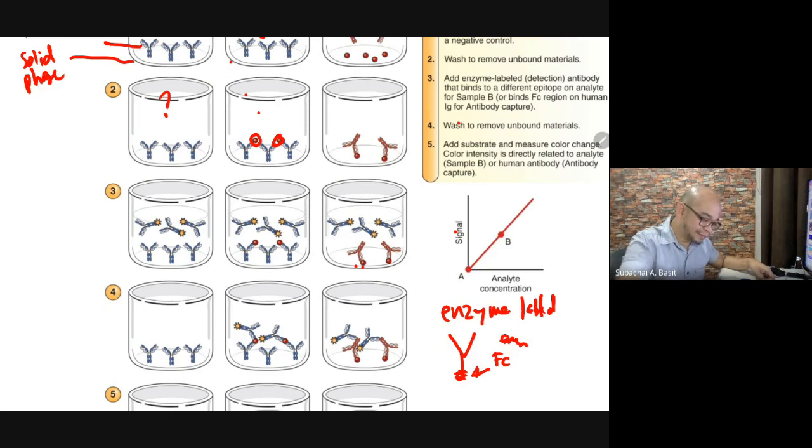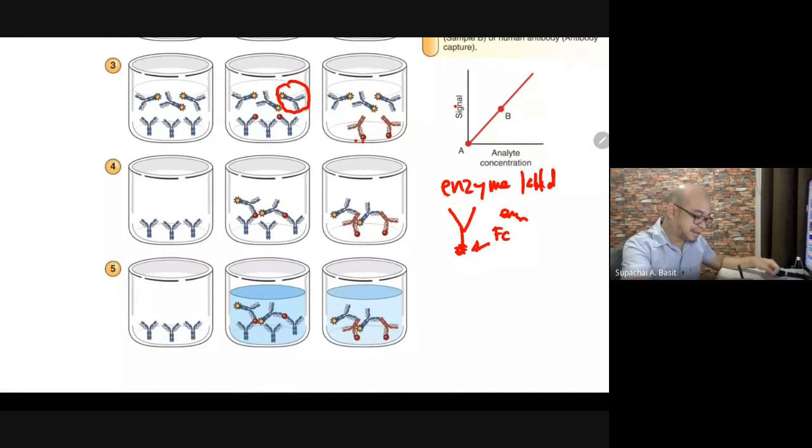So there is an enzyme at the Fc portion. The antibody, which is also specific for COVID-19 SARS-CoV-2, will bind. And then we add substrate, so there will be a change in color.